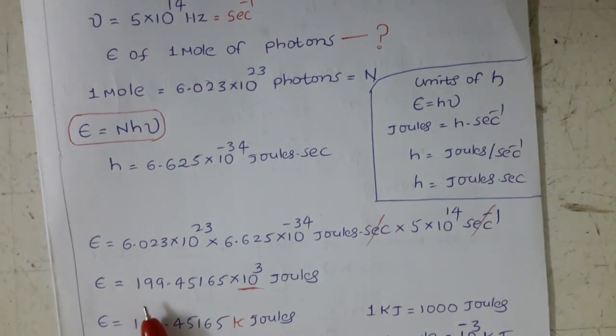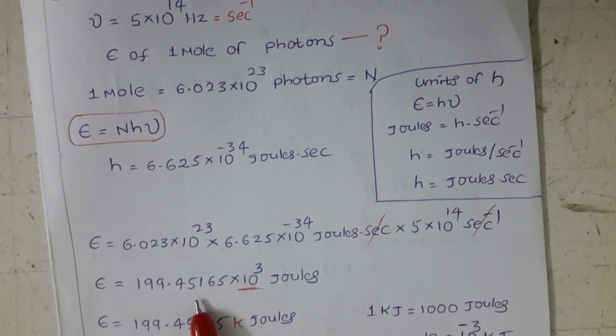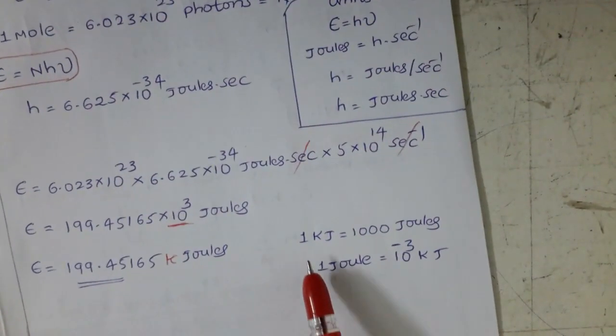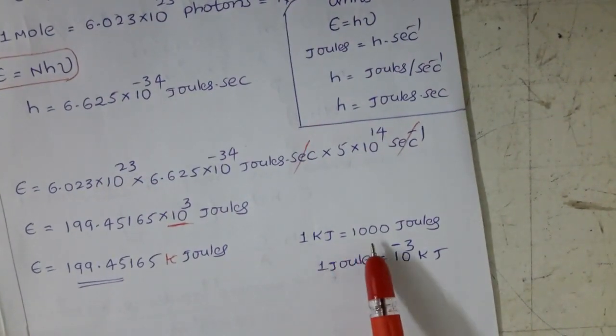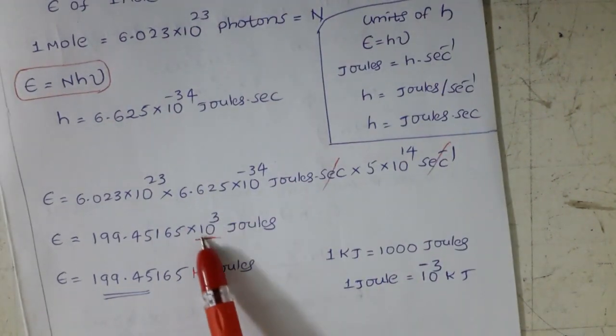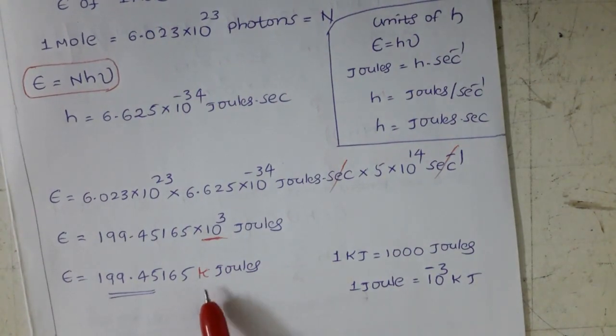Energy equals 199.45 into 10 to the power of 3 joules. In the textbook we have the answer in kilojoules. You know very well that 1 kilojoule is 1000 joules, so simply substitute this 10 to the power of 3 with kilo.